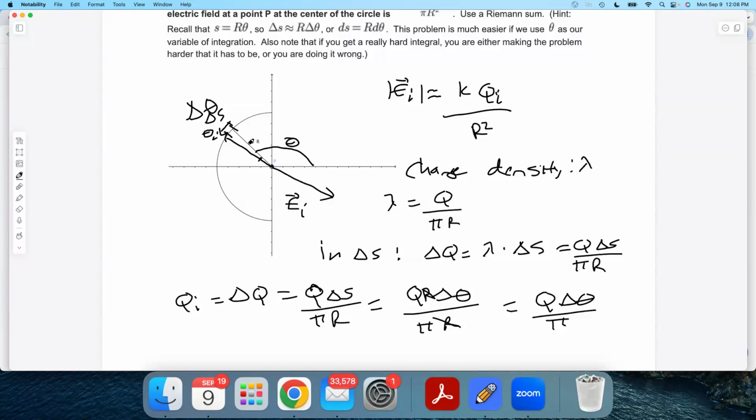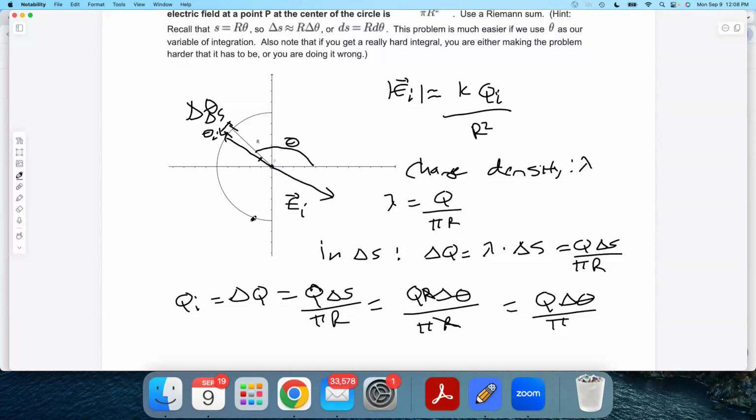Sure, I could name this angle in here if I wanted to, but if I'm going to use sine or cosine, by definition, sine and cosine measure from the positive x-axis. And since we're going to be doing that in a minute, I need my theta, the one I'm measuring, to be from here. So when you actually do this problem, your limits of integration have to be from pi over 2 to 3 pi over 2. If you're trying to measure an angle in here and say you're going from 0 to pi, then you're going to get the wrong answer.